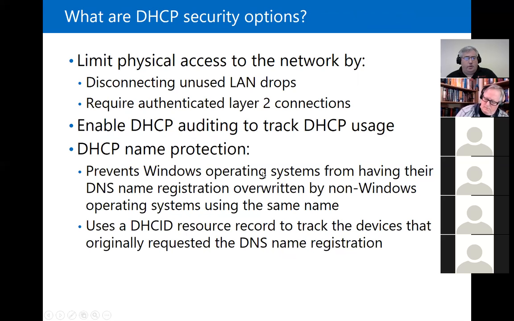DHCP name protection protects, interesting, if you have a Windows operating system computer, it can take part of the DHCP domain and prevents others from messing with its DNS. Prevents DNS poisoning is the attack, I believe.